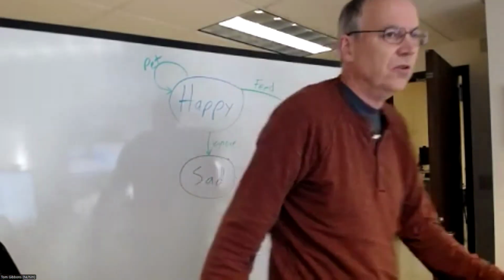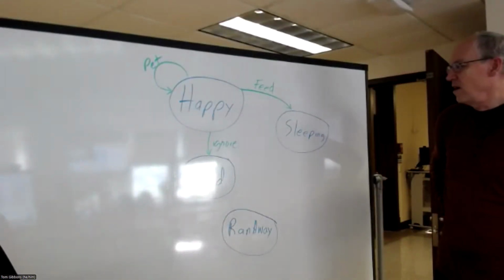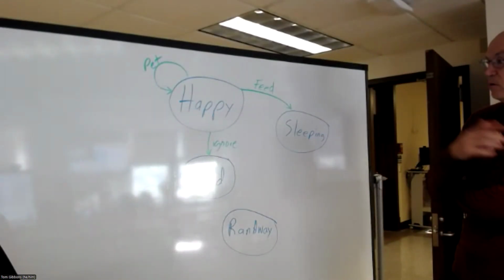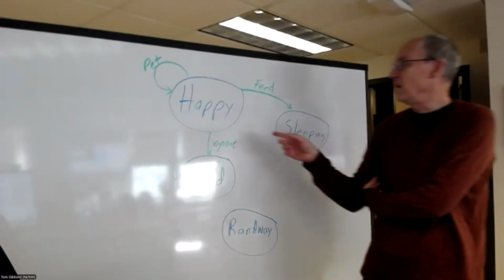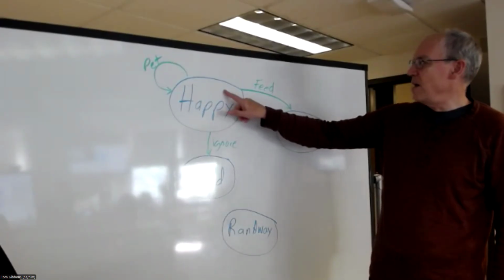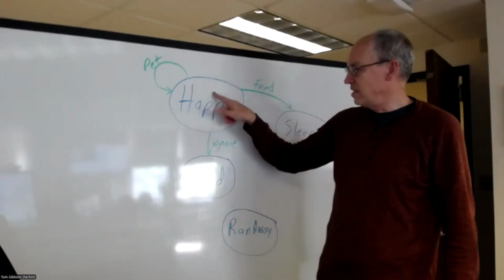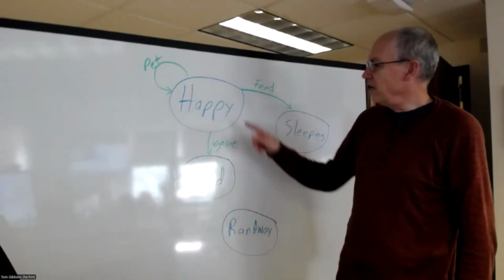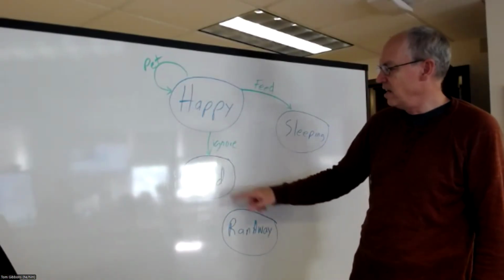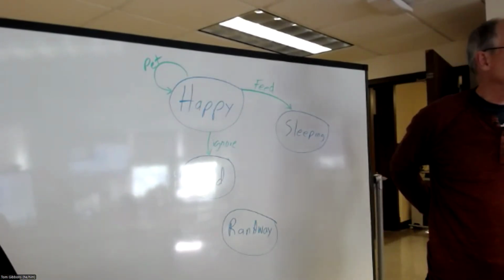I suggest you create some sort of map of your states like I did. Just grab a piece of paper and write this out, or maybe you can have it in your head. So I'm thinking I have my dragon. If it's happy and I feed it, it gets sleepy. If it's happy and I pet it, it stays happy. If it's happy and I ignore it, it gets sad. And then one thing we would like is a final state here.